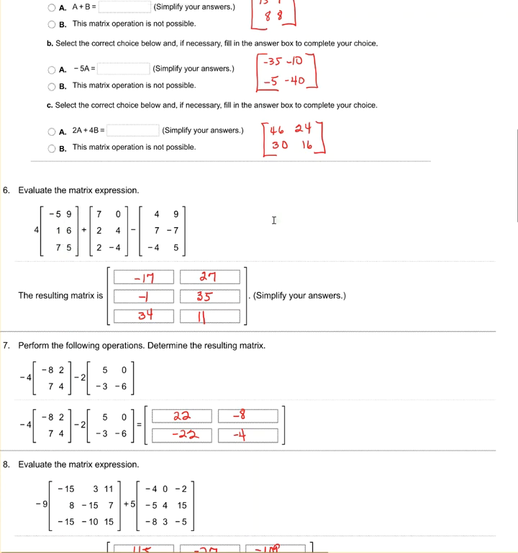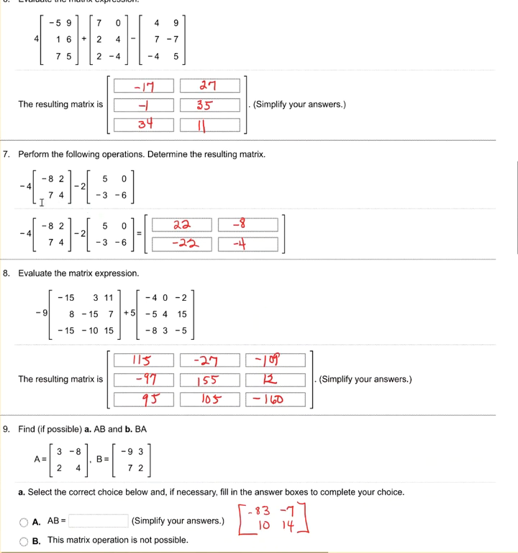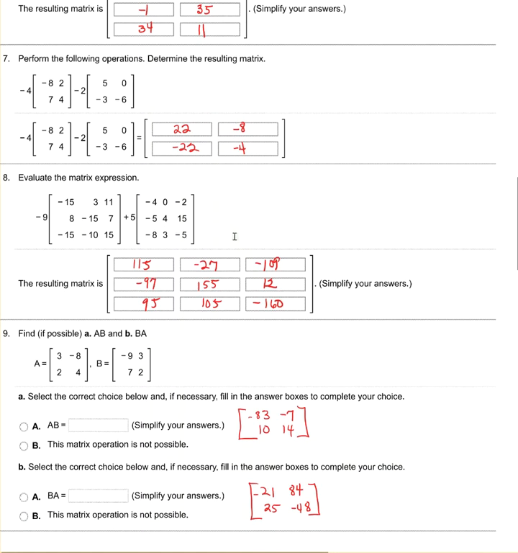And then you could write that over here and then add this one and then subtract this one. Or you could put all 3 of them in and do 4A plus B minus C, and you would get your answer. Same way here, -4 of these, -2 of these. I mean, you can do those by hand, pretty easy. That's adding and subtracting. Same way here.